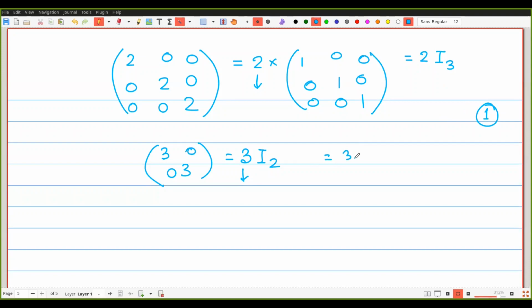So that would become like 3 cross 1 is equal to 3. Only the scalar is present there. That would be like 2 cross 1, or only 2 is present there. That's why it is also called a scalar matrix. Moreover, only one value, that means that is an identity matrix.